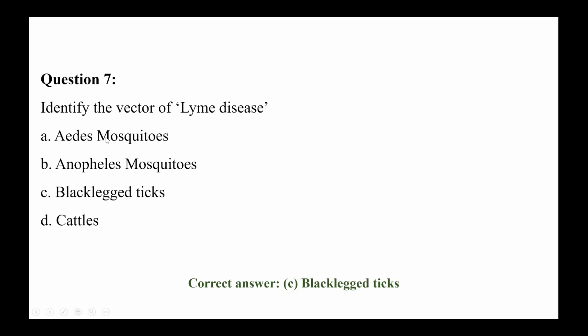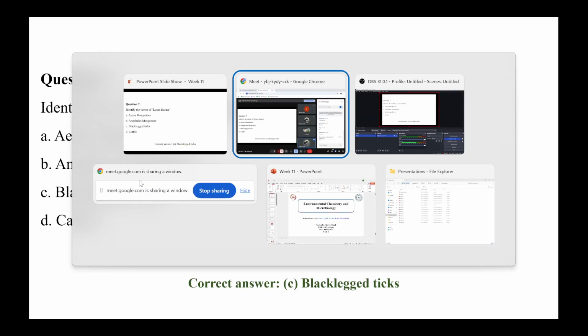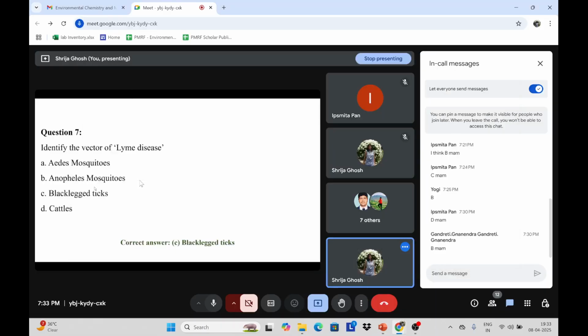The other two options, Aedes mosquitoes and Anopheles mosquitoes, are actually vectors of very common diseases. So you must be knowing which diseases are caused by mosquito bites. Anybody? Any guess? What could be the disease that is caused by Aedes or Anopheles?